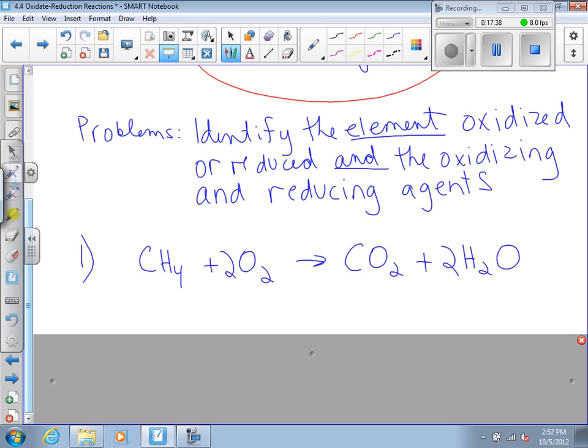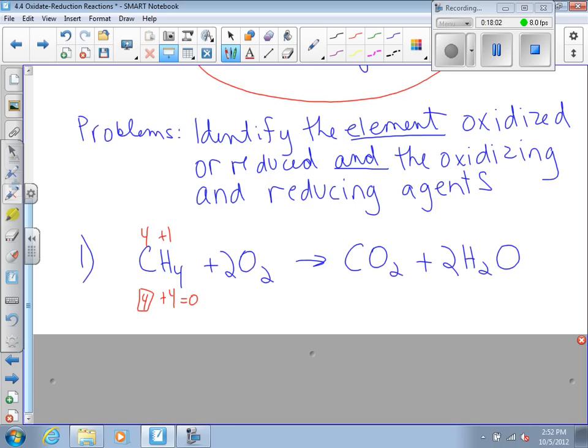What you need to do here is identify all the oxidation numbers on every single element in all reactants and products. So CH4, we know the total has to add to 0. We look at our rules, we see H is always +1 in a compound. I have 4 H's, so this is +4. Total adds to 0, so the carbon must be 4. I'm going to keep going.